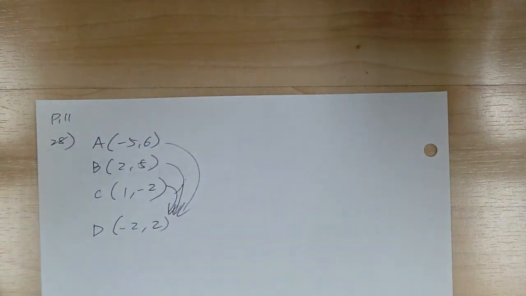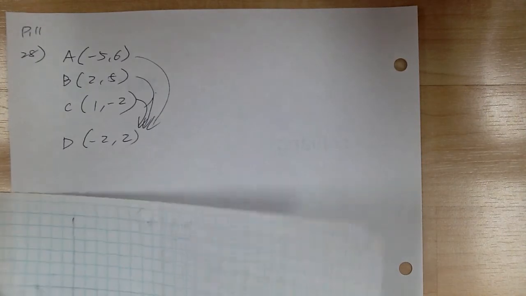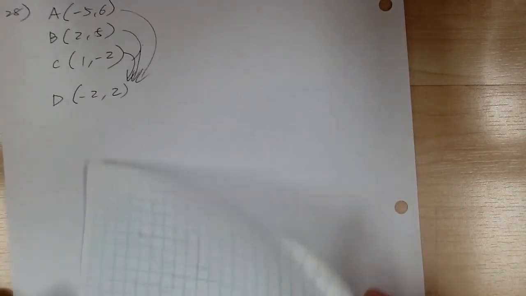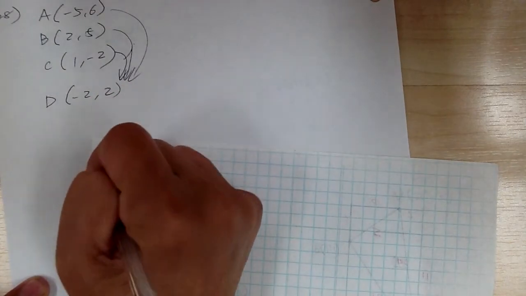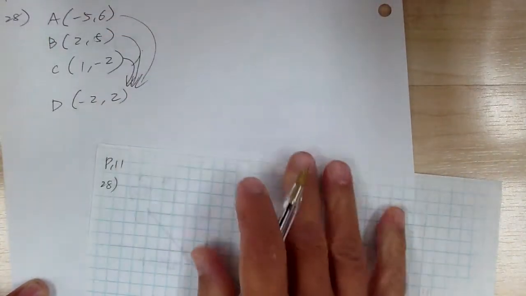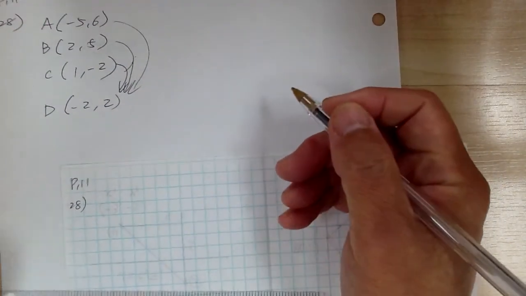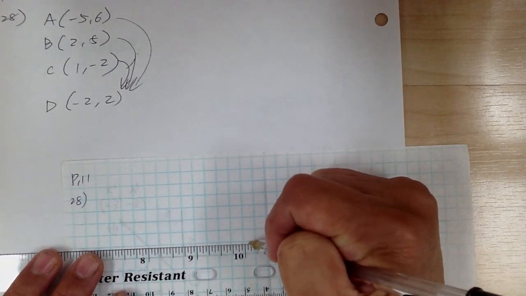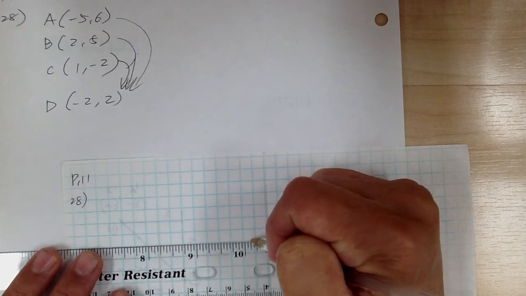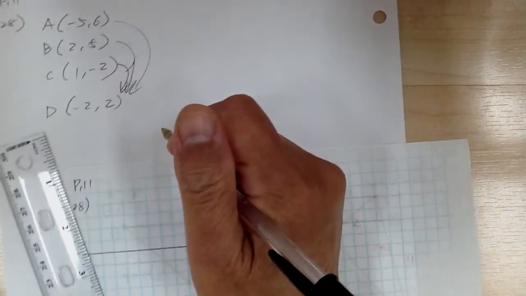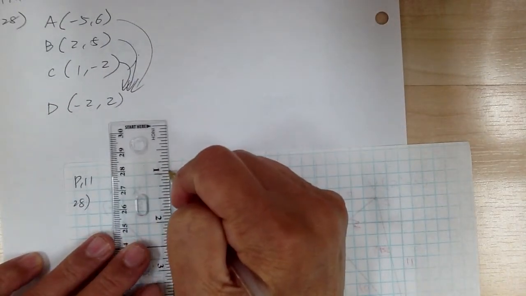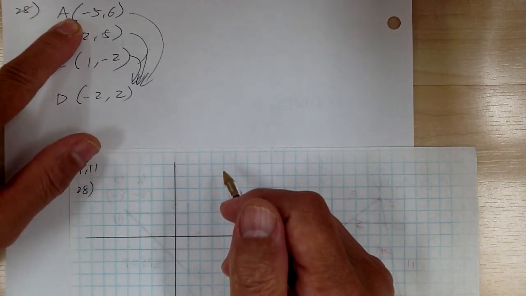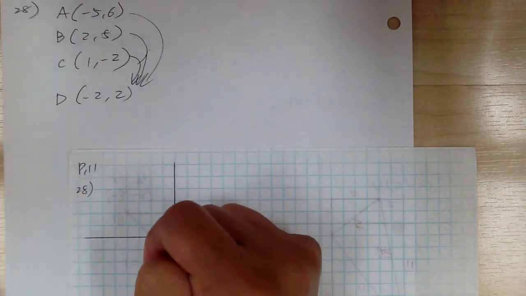Okay, so again, you can plot it out and figure out the distance on each one. You can just use the distance formula, but you also can sketch it out to give you a better picture. So A is negative 5, 6.